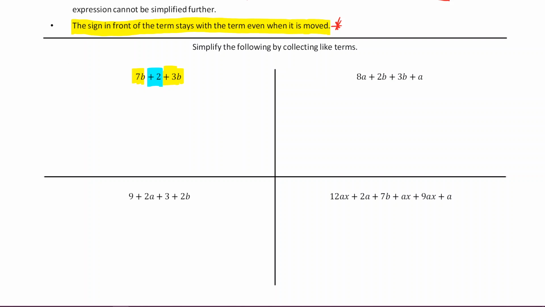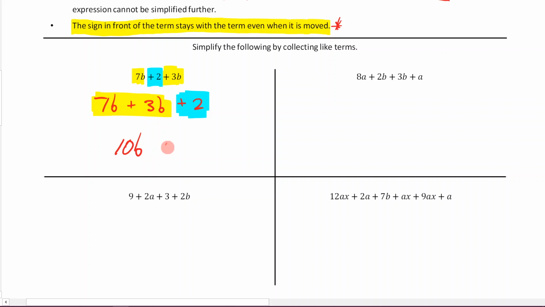So if I was to rewrite this right here, so my like terms are next to each other, it's going to be 7b plus 3b plus 2. So what I've just done there is I've moved it. So all my like terms are next to each other, and then my constant here is by itself. So that means altogether, what I have is 10b plus 2, and that is my answer.